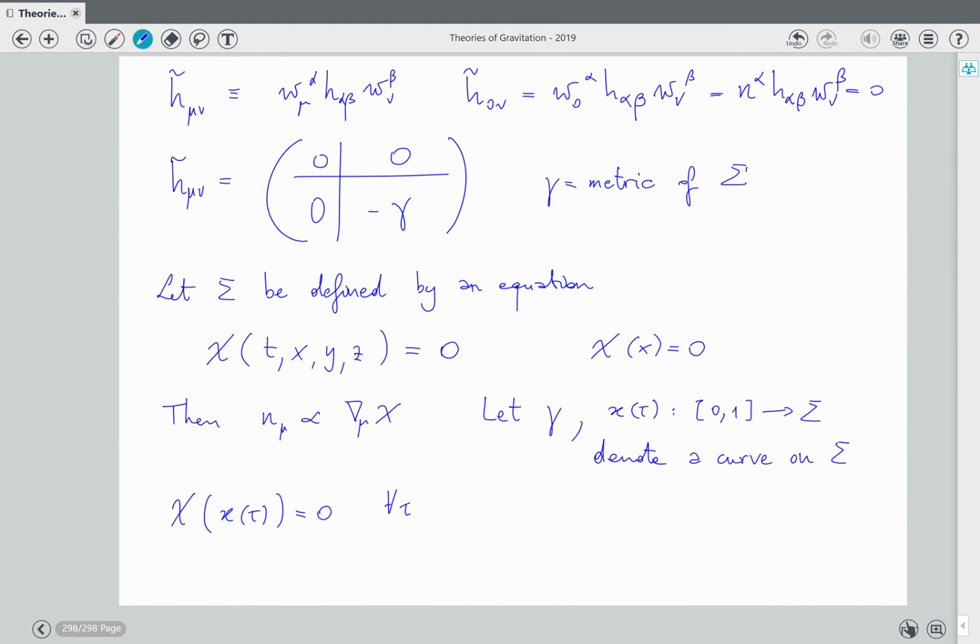Then we can take the derivative of this with respect to tau. That will also be 0. So 0 is the derivative of chi with respect to tau, and that is equal to the derivative of x^mu of tau with respect to tau times the derivative of chi. So what is the derivative of the curve with respect to tau? That's the tangent to the curve.